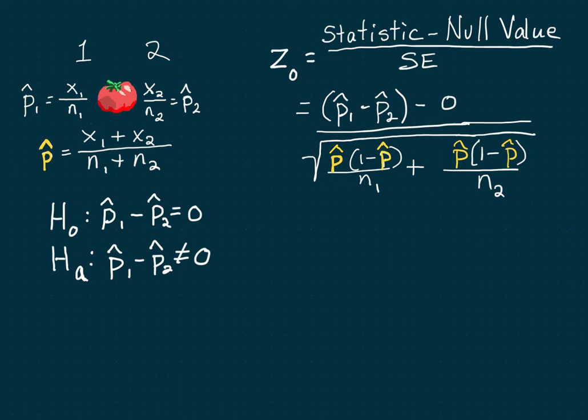So it is a little tricky there. You'd either think we would drop subscripts completely or we'd keep them, but we don't. We use the P hat, which we calculated as all the rotten tomatoes divided by all the tomatoes in both samples, the sum of them. That gives us our P hat. It goes here, here, here, and here, and we're dividing by the number in the first sample and the number in the second sample.